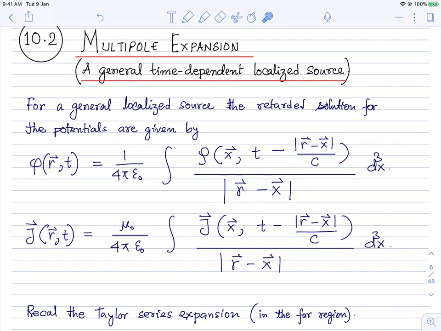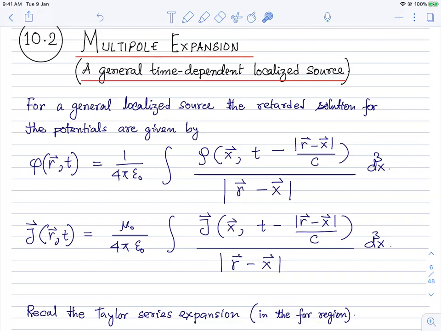Once we take those 1 over r terms, those radiation field terms, and compute the Poynting vector and the average power, then we'll see that those are the terms in the electric and magnetic field that become electromagnetic radiation far, far away.